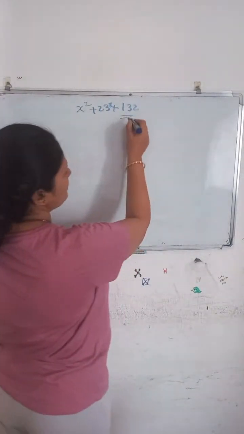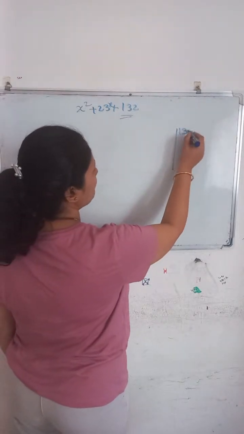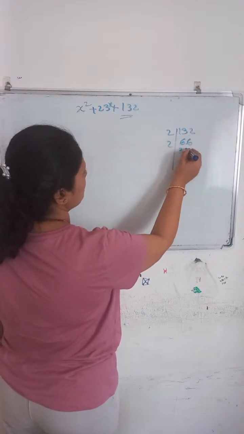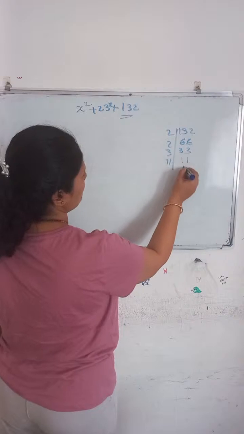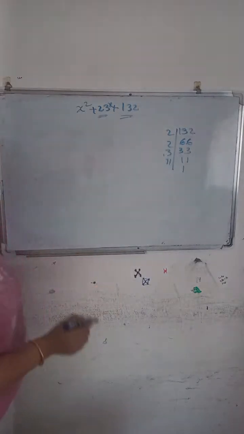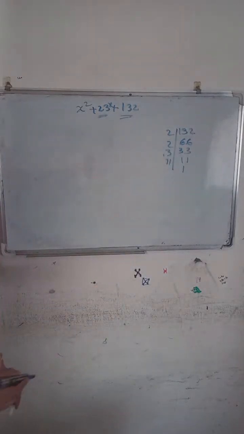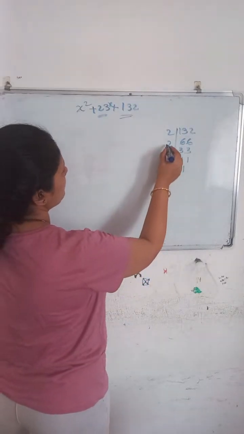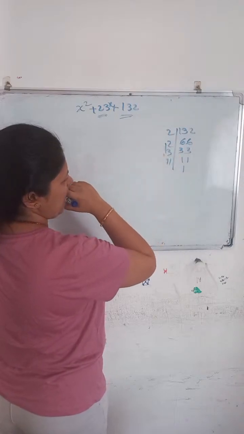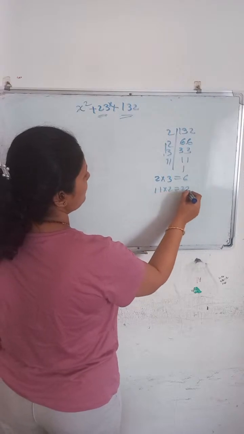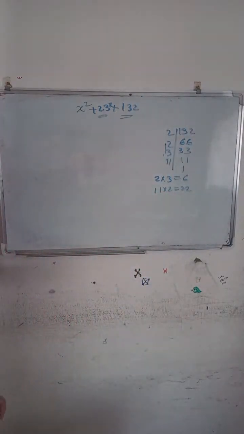Whenever these big numbers are there, always go for the prime factorization. Now you can do a grouping in such a way that the answer should come 23. Now check. 2 into 3 is 6. 11 into 2 is 22. This also, if you add or subtract, we will not get it.